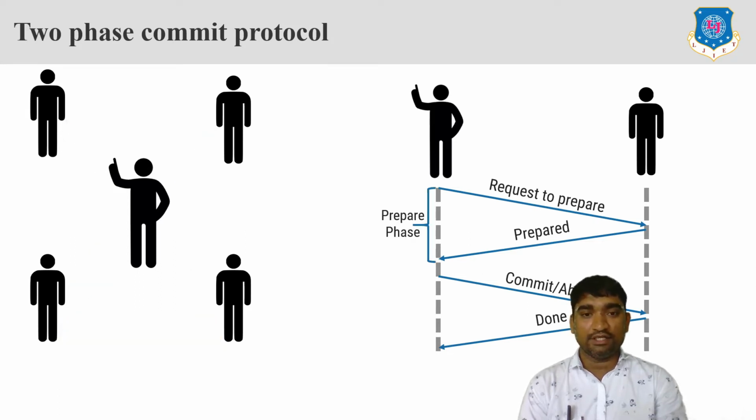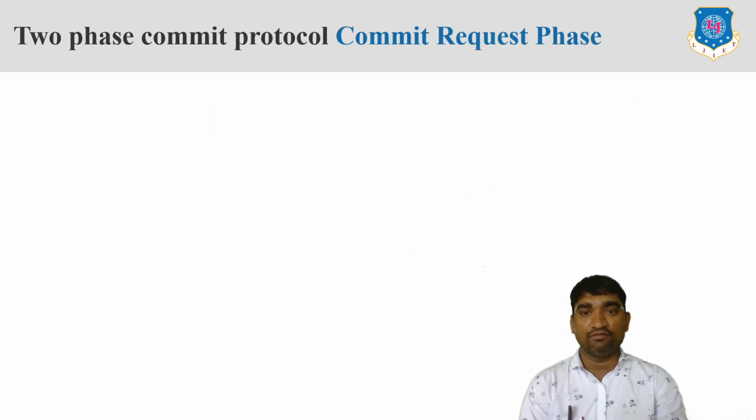So here there are 2 phases. The phase from the request to prepare up to the prepare reply is known as the prepare phase, and the phase from commit or abort up to done is known as the commit phase.